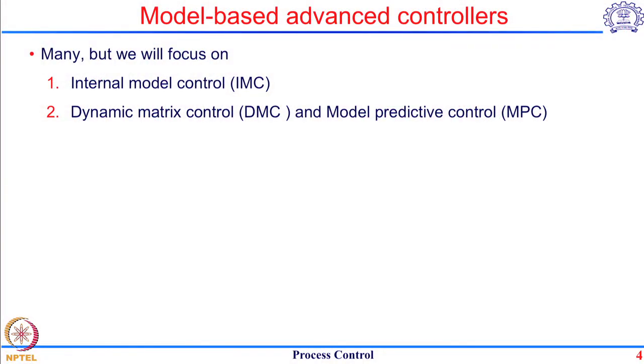One is an internal model controller known as an IMC, and the other one will be dynamic matrix control or DMC, which in the current form has been improved to what is known as a model predictive control or MPC. So, let us start with IMC or internal model control, and its root lies with what is known as an open loop control.